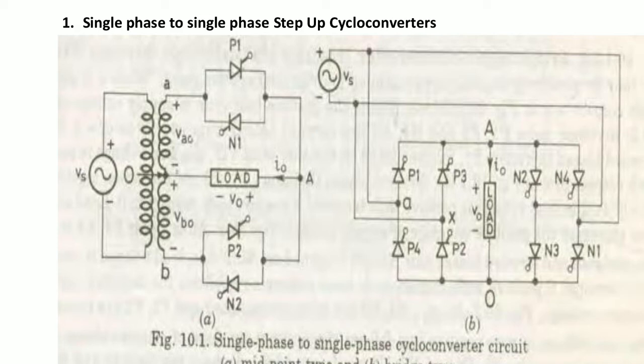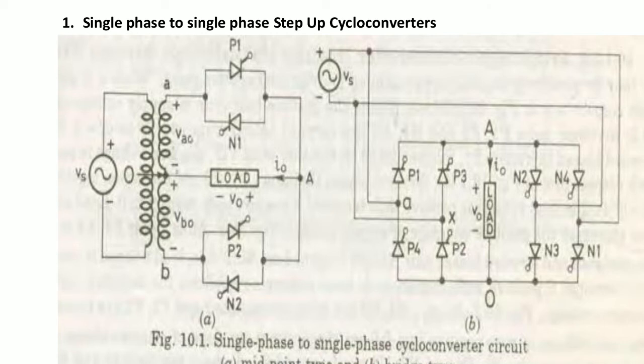The polarity of voltage at the point a is positive, and the polarity at the point b is negative. You should be clear on this: during the positive half cycle, voltage VAO is positive and VBO is negative, as shown by these polarities.